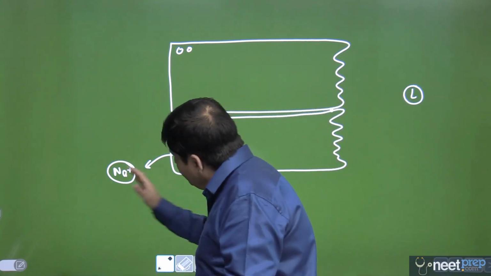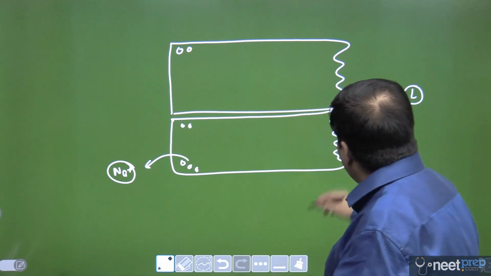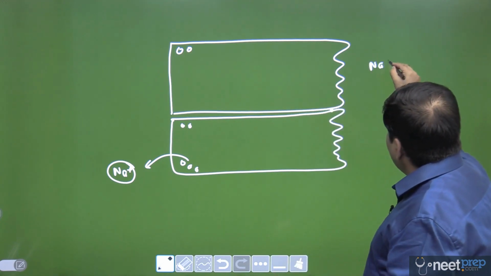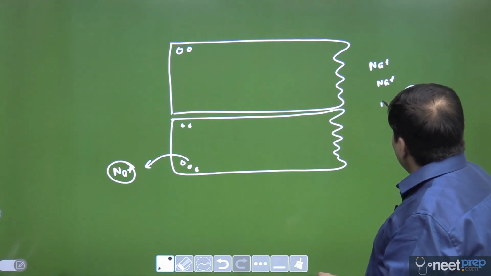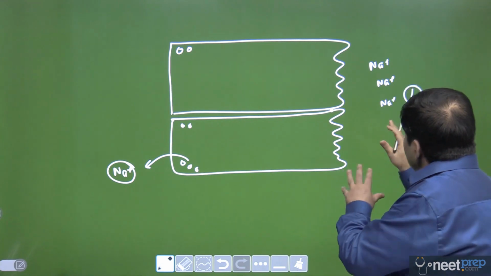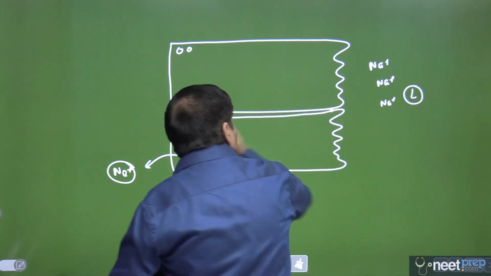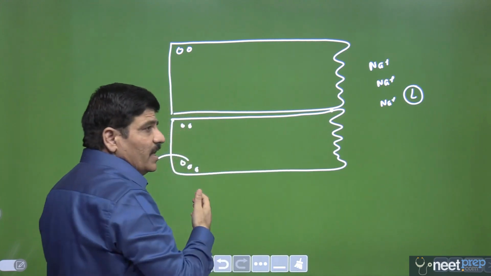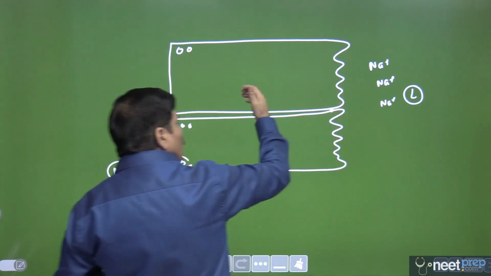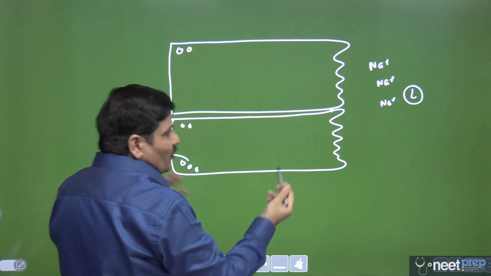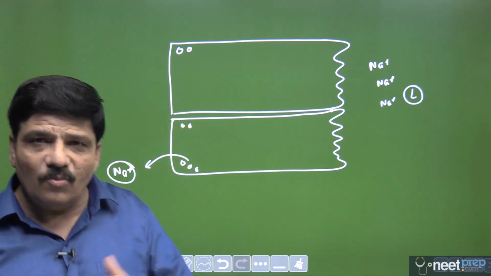If you are actually transporting sodium outside, then the sodium present here in the lumen will feel a drag force. So that means this sodium will try to enter into the cell, and we also know that wherever sodium goes, the water goes.